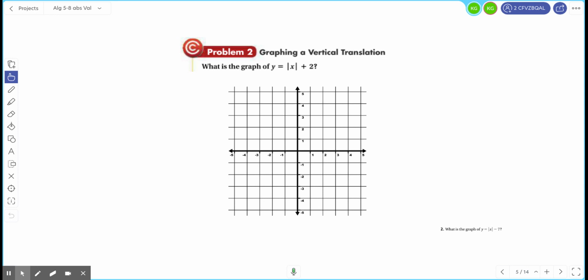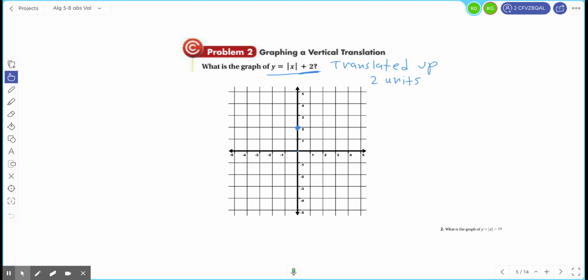What is the graph of y equals absolute value of x plus 2? Well, this plus 2 tells me that it's going to be translated up 2 units. So normally, my vertex would be at the origin, but now I'm going up 2 units, so my vertex is going to be at positive 2.